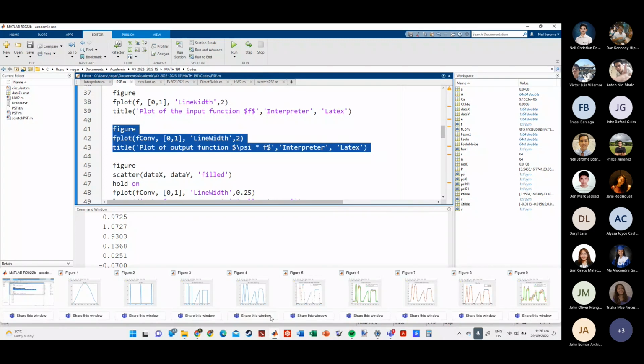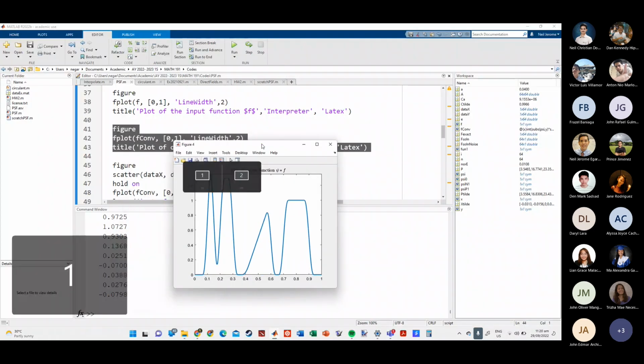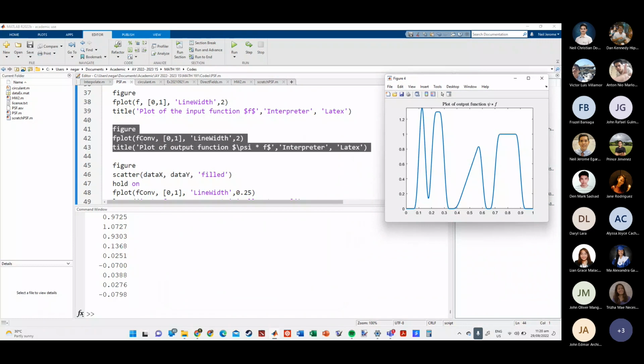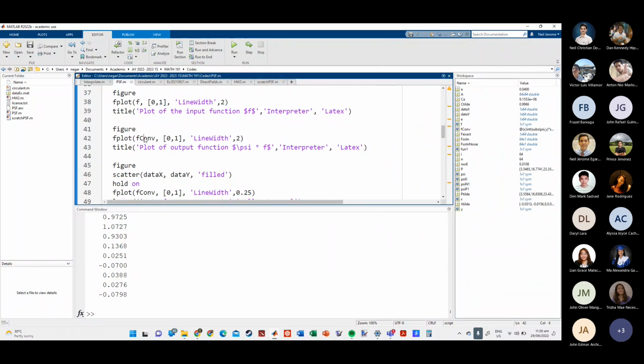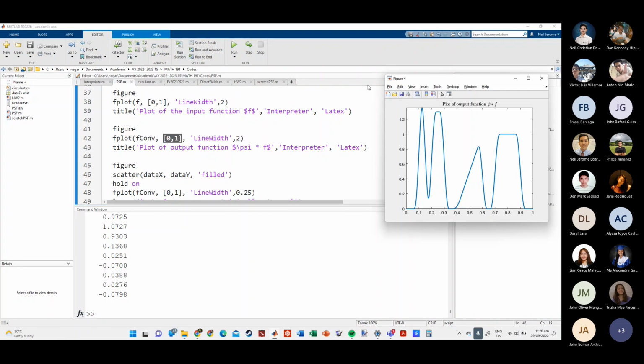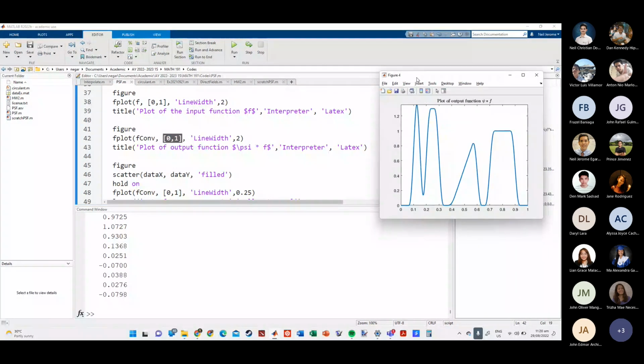F plot yung ginamit ko kasi symbolic variable si F con, right? Tapos pag F plot ka, first entry dapat ay yung function. Second entry ay vector kung saang interval mo siya i-graph. Okay? Tapos optional na yung line width. Ito yung bibigay niya. Si figure number 4 dun sa screen.